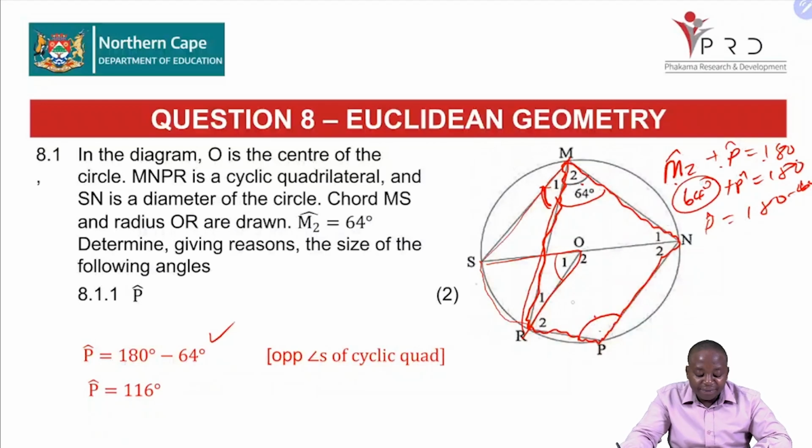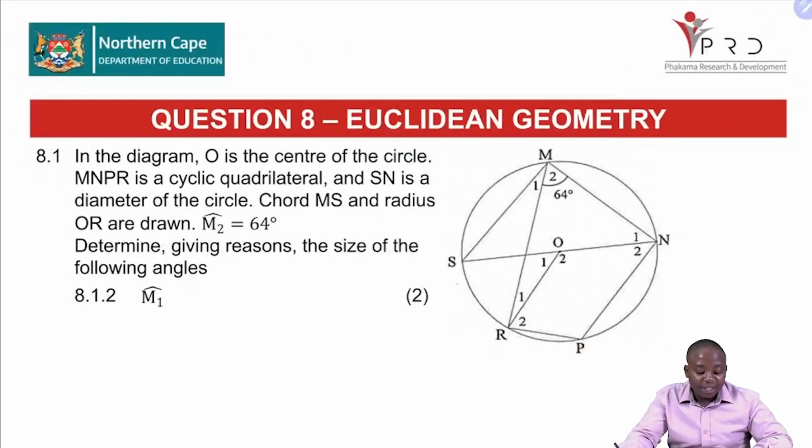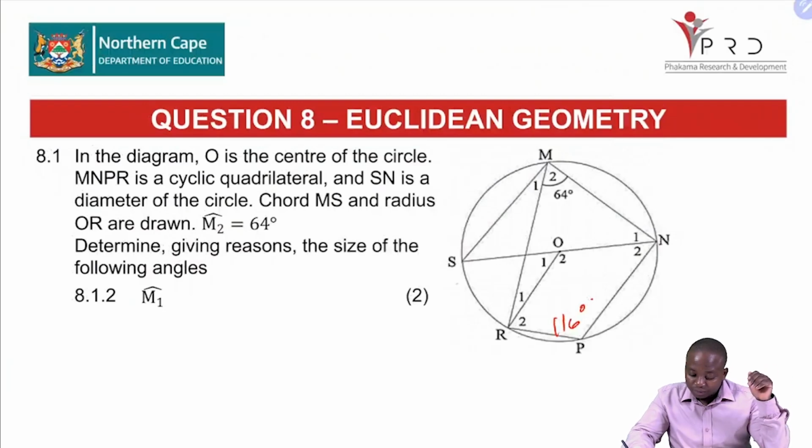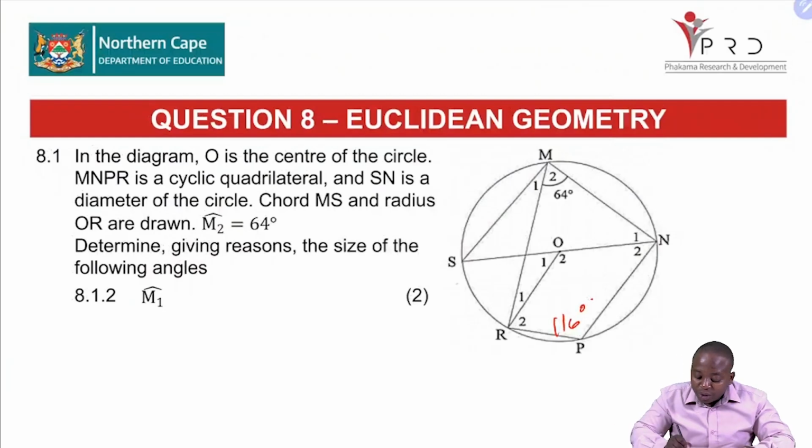And remember, we're supposed to proceed with that information. So if we found a certain angle from the previous question, be able to mark that angle on our diagram so that we can work with that angle for our next questions.